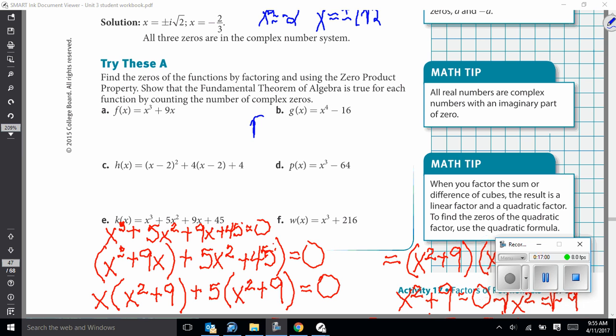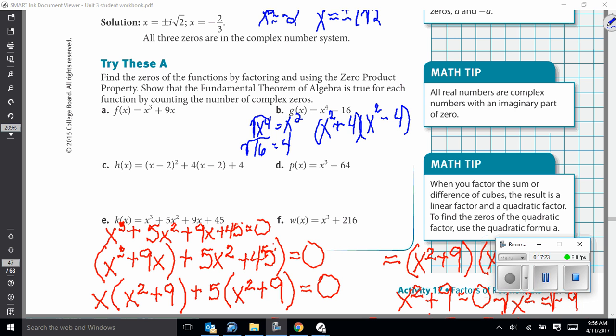So the square root of x to the fourth is x squared, and the square root of 16 is 4. So we're going to have our two parentheses. We're going to put the square root of the first term in the first spot, and the square root of the second term in the second spot, and they're going to have opposite signs.